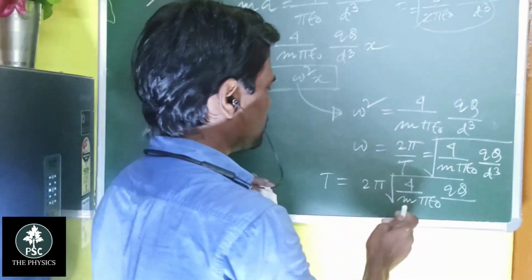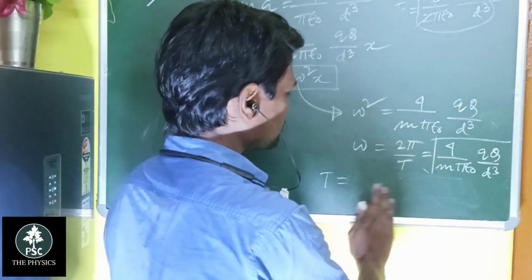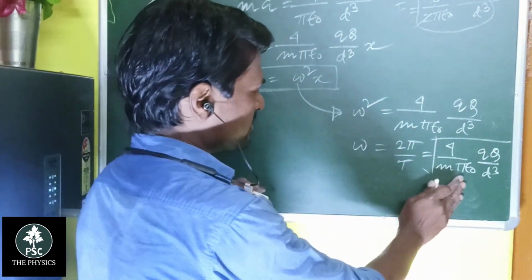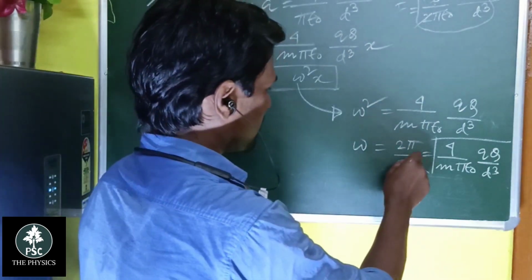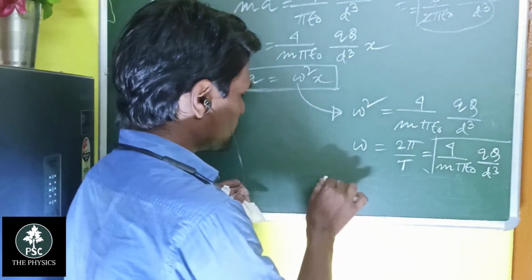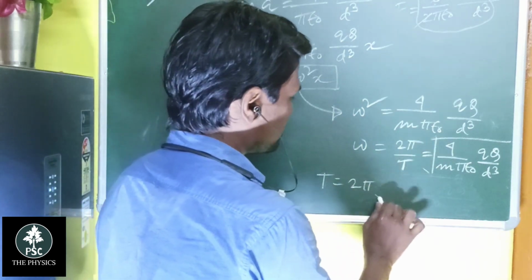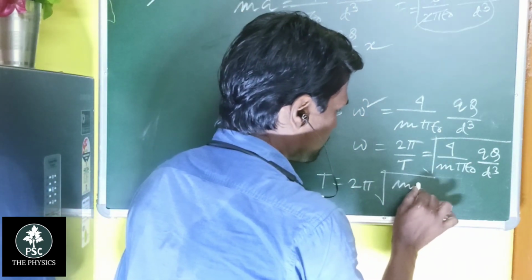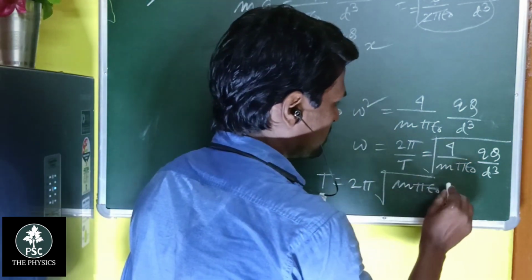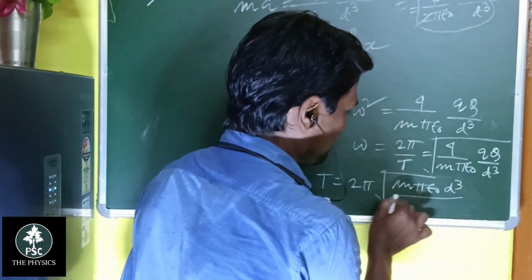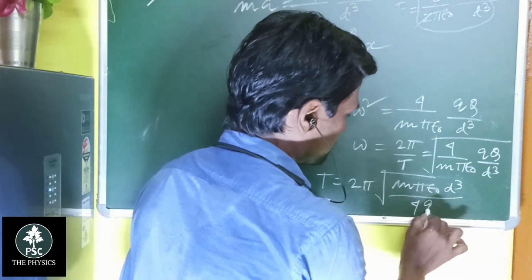So you have to take a reciprocal, and T is equal to 2 pi, by cross multiplication, root of m 4 pi epsilon naught d cube by q Q.